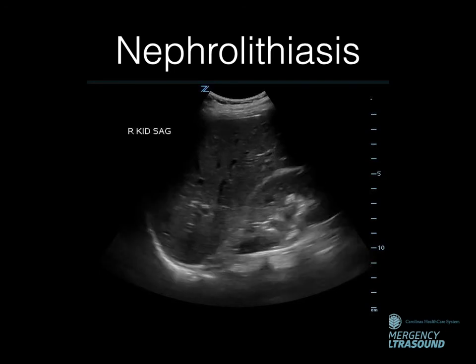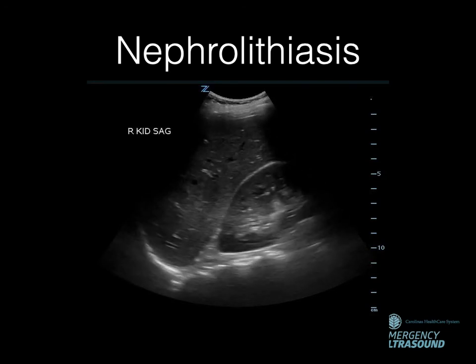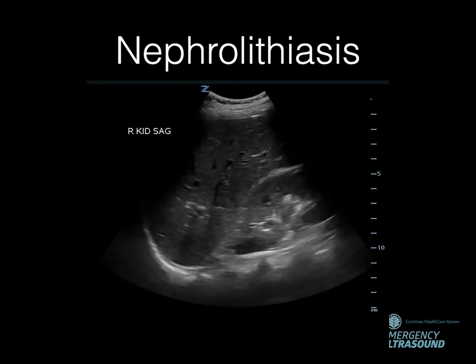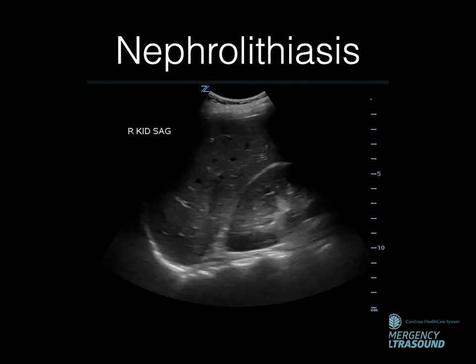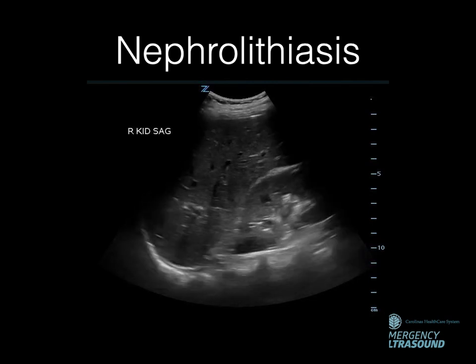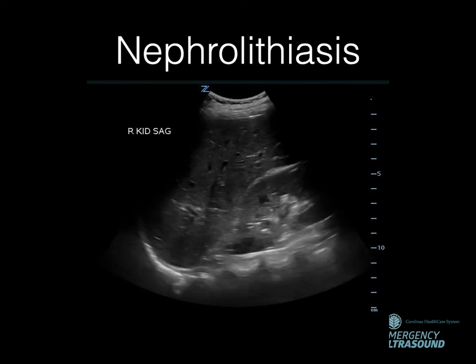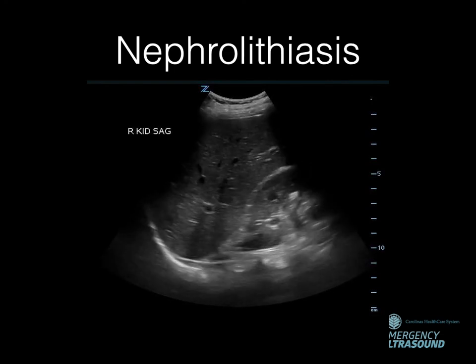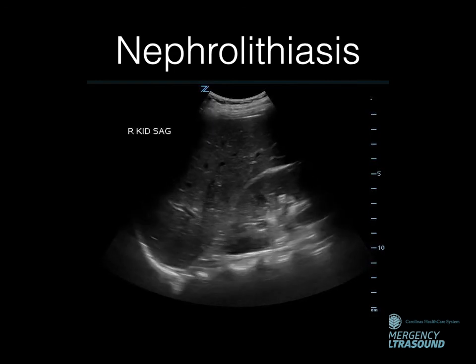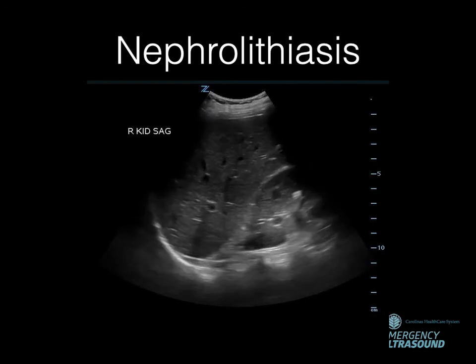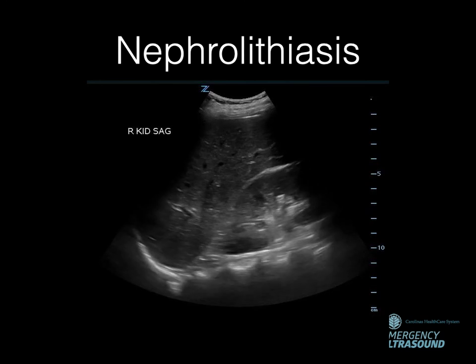Something else that we see when doing renal ultrasound would be nephrolithiasis. So these are your little stones in the kidney. These can actually be a lot more difficult to see because usually they're incredibly small. But if you look closely at this scan right here, there is a kidney stone hiding in there. Look closely. Does everybody see it?